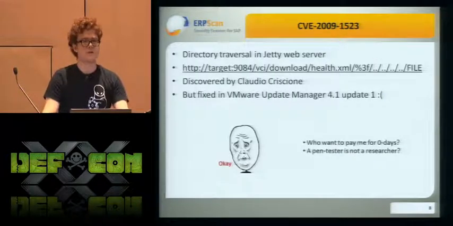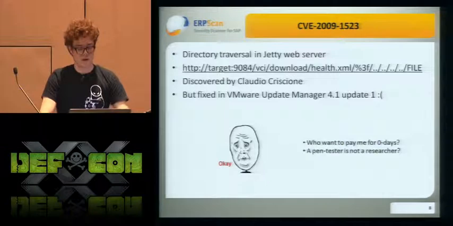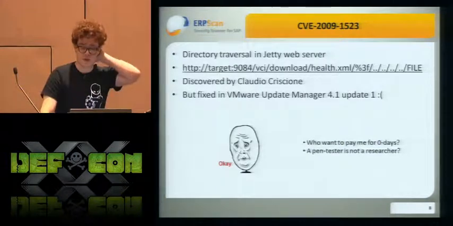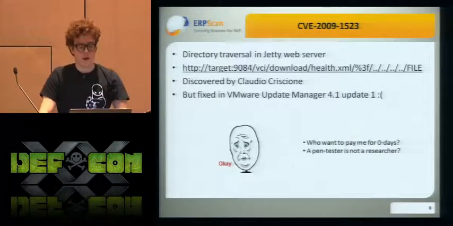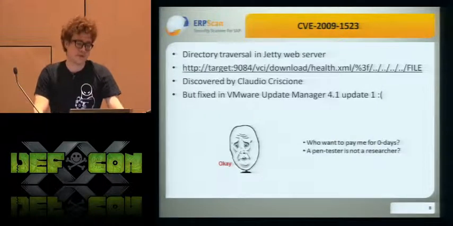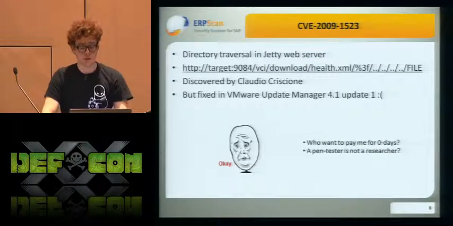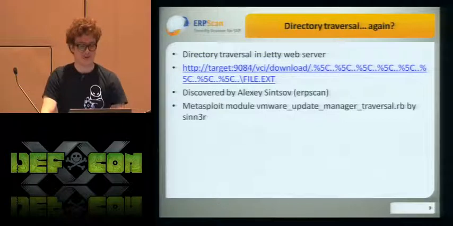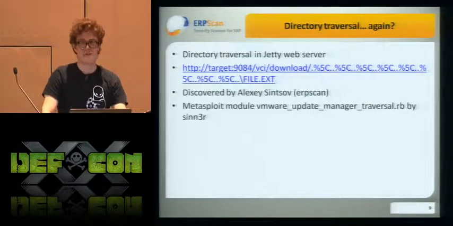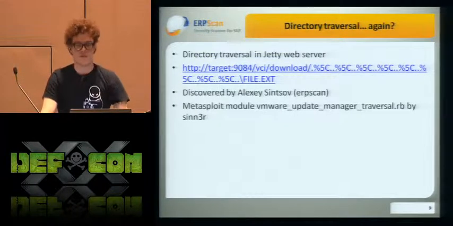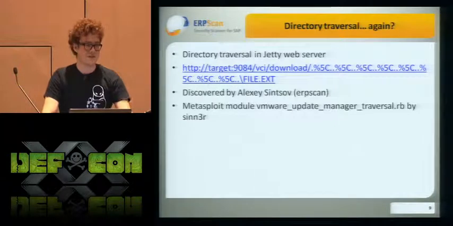The first thing we found in a public source was an old directory traversal discovered by Claudio Criscione. It's a classic directory traversal, but it was fixed in our version, so that was bad. But Alexei Sentsov didn't trust any fix or patch, and after a few minutes he found another directory traversal almost in the same place.